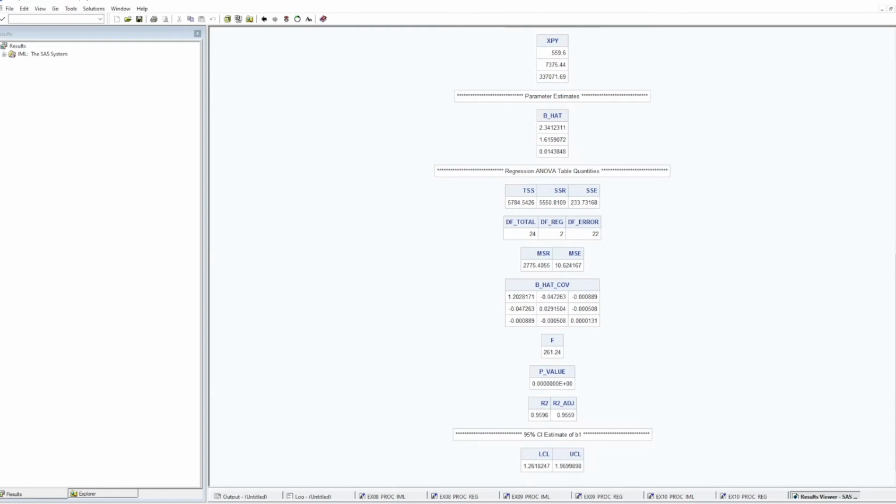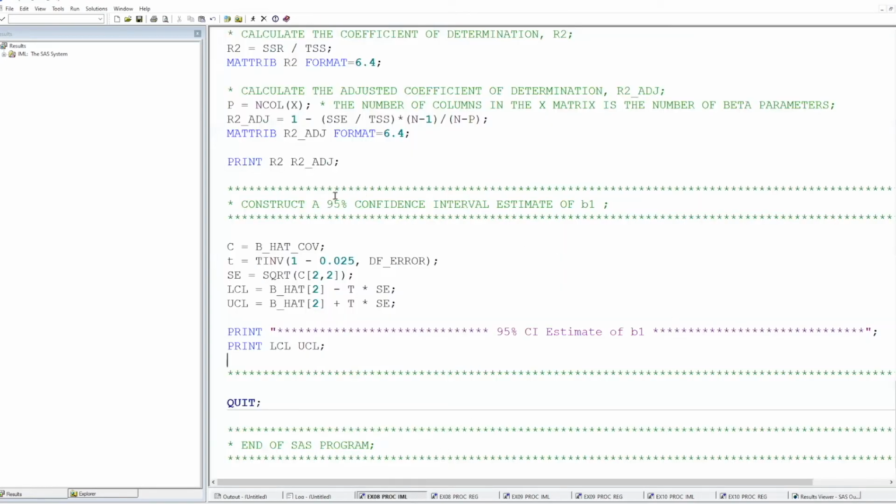So that is how we can construct confidence intervals for the slope coefficients. What I'm doing here is just implementing the formula that we saw in the textbook, and really that basic form that we saw even back in our first statistical methods class.